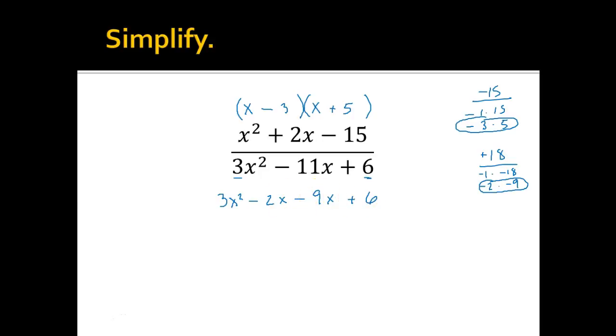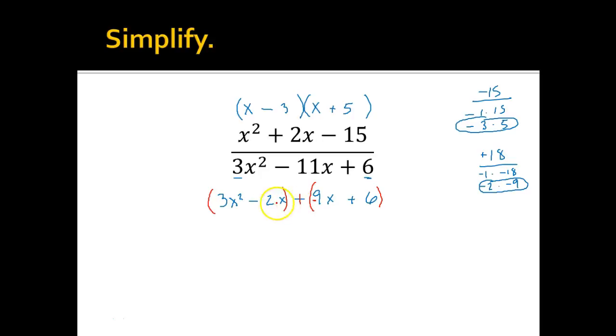Then we're going to group the first terms together and the last terms together. I'm going to do it like this. Let's see, I've got to be careful here. I'm going to say plus -9, so that'll be helpful there.